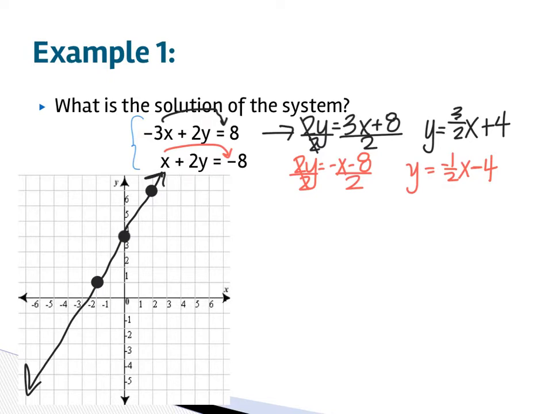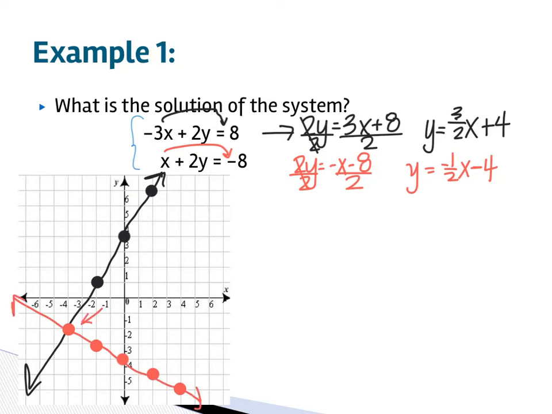The pink graph, the y-intercept is negative 4, so you're going to go down 4, put a point. Then your slope is negative 1 over 2, so we're going to go down 1, right 2. And since I run out of room, I can go up 1, left 2, and keep going until I cross my other line.